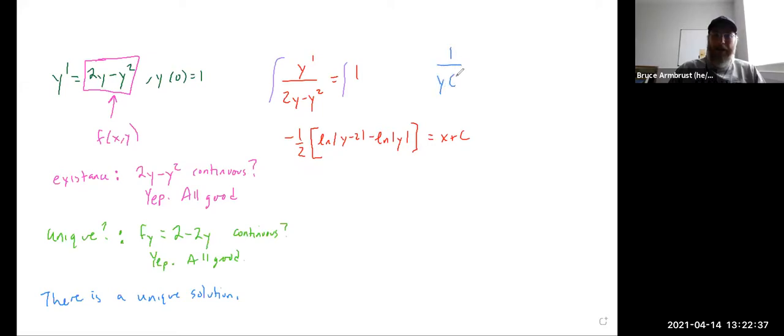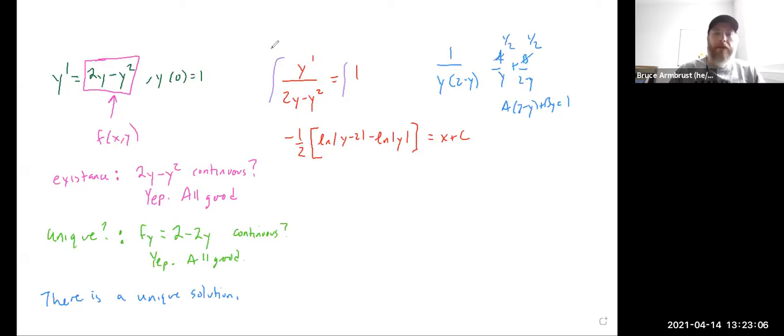So it's y times 2 minus y, so A over y plus B over 2 minus y. So A times 2 minus y plus By has to equal 1. So when y is 2, B is 1/2. And when y is 0, then A is 1/2.